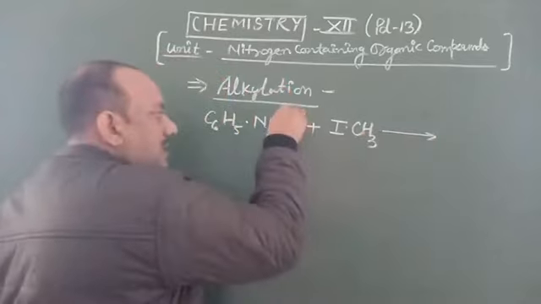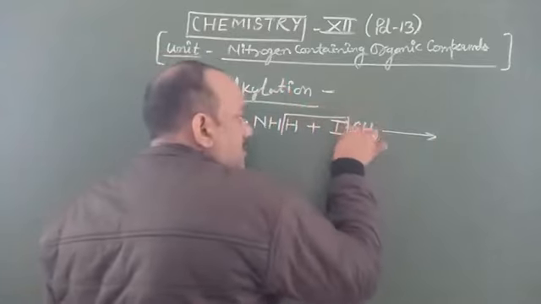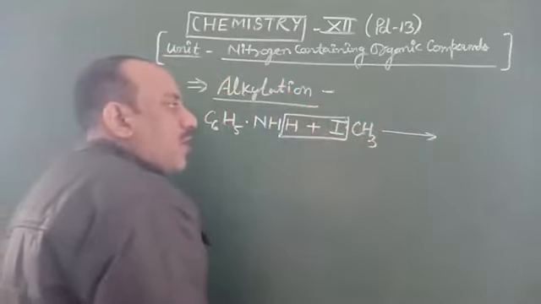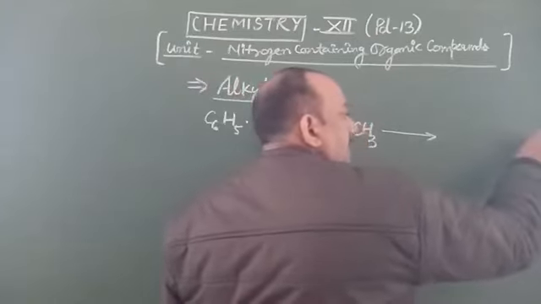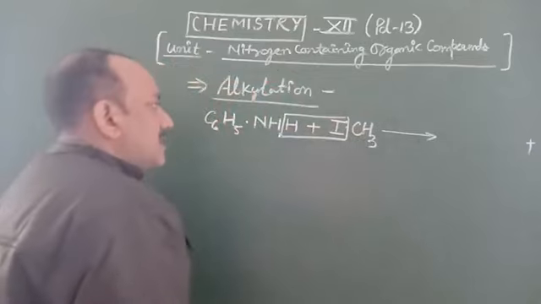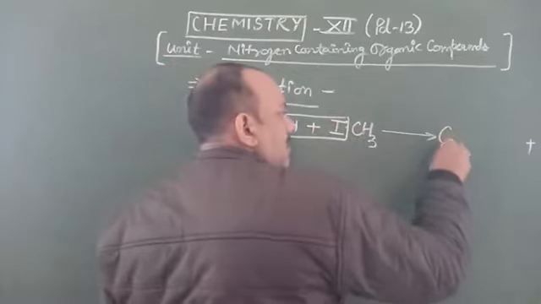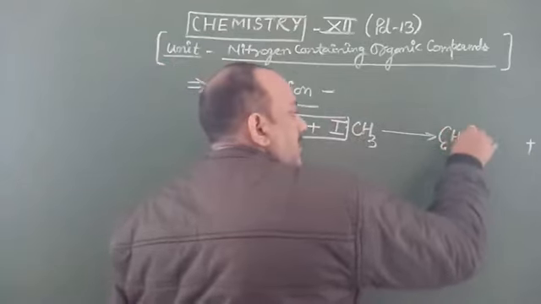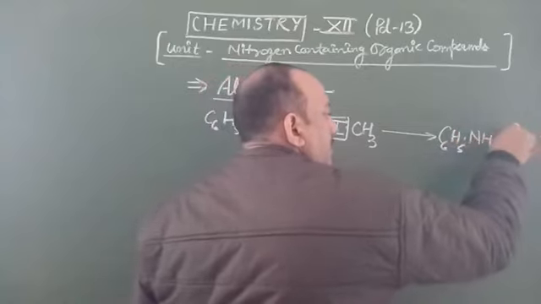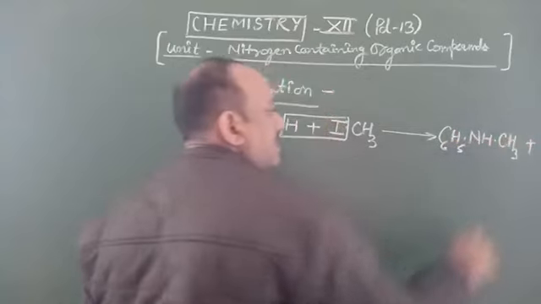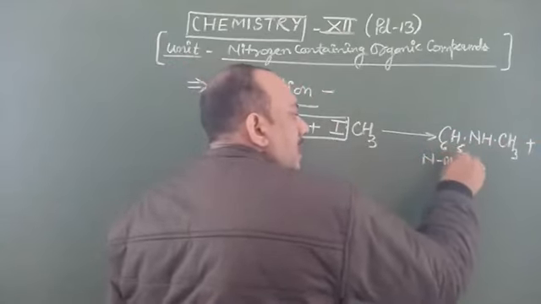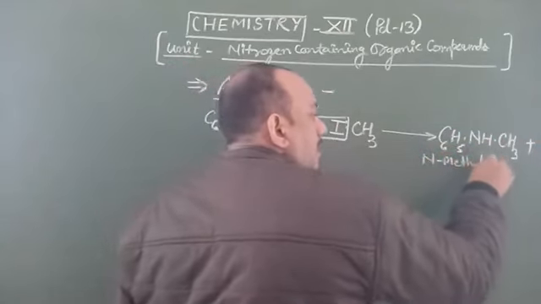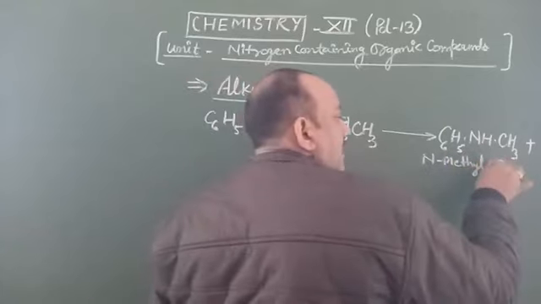A single hydrogen atom is subtracted with the iodine atom to form hydrogen iodide, HI, and gives C6H5NHCH3. It is known as N-methyl aniline.